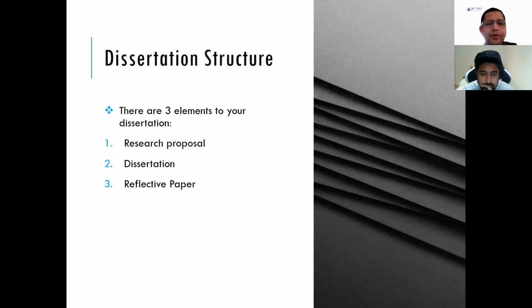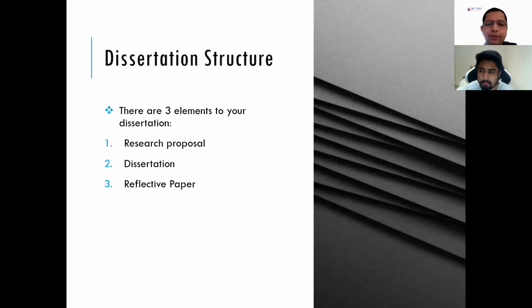The structure has three components. This is the key area, three components in your dissertation. First one is writing a proposal. The word count for the proposal is 1,500 words, and you will get about a month to complete this research proposal. The dissertation word count is 15,000 words, and you will get about 6 months to complete this.